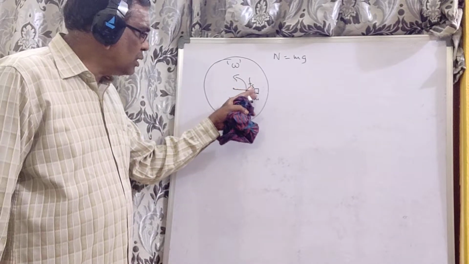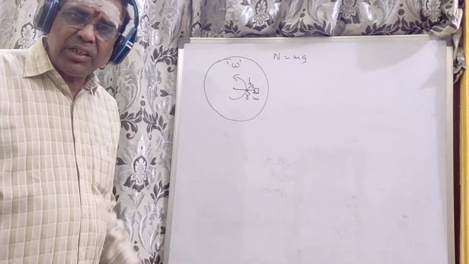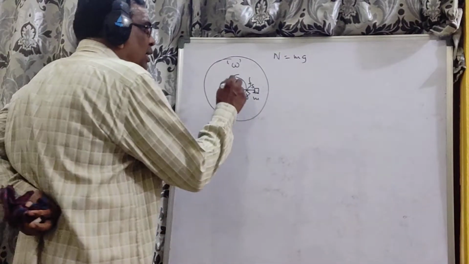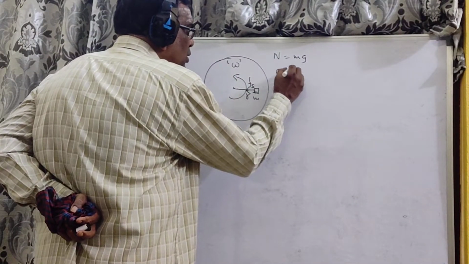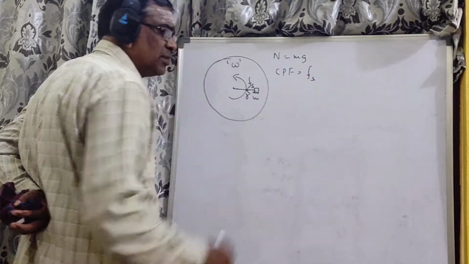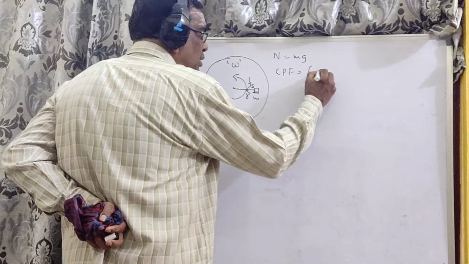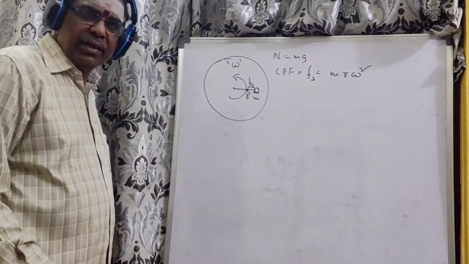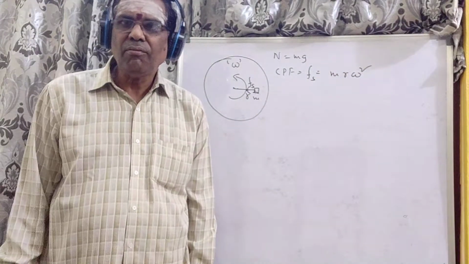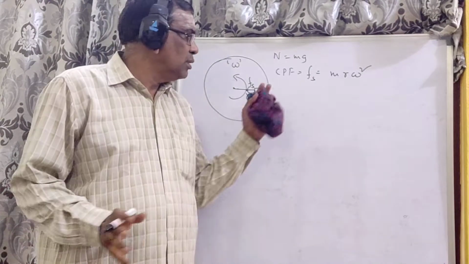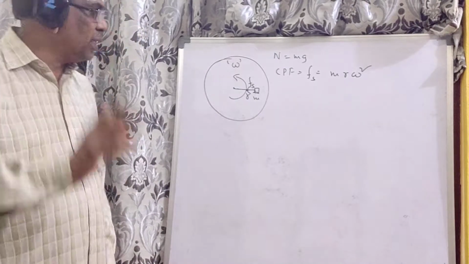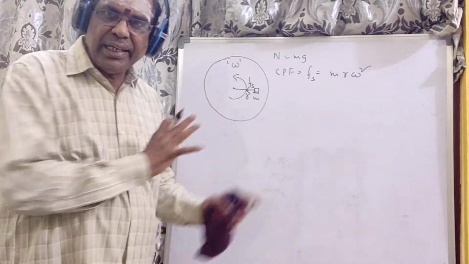Because there is no slipping between the two. That's how I have assumed right from the beginning. So centripetal force is Fs, and Fs is equated to m r omega square.